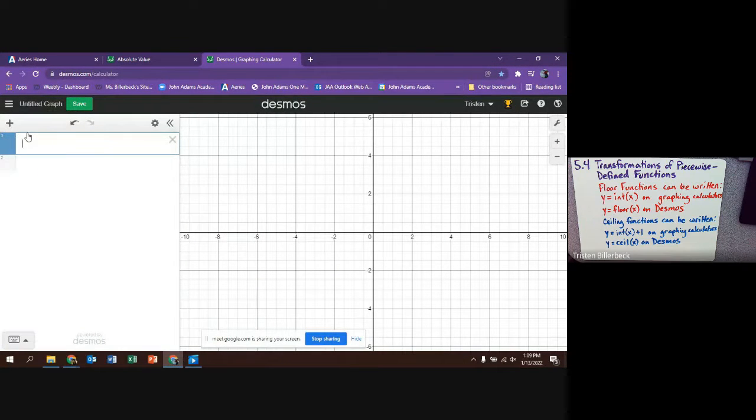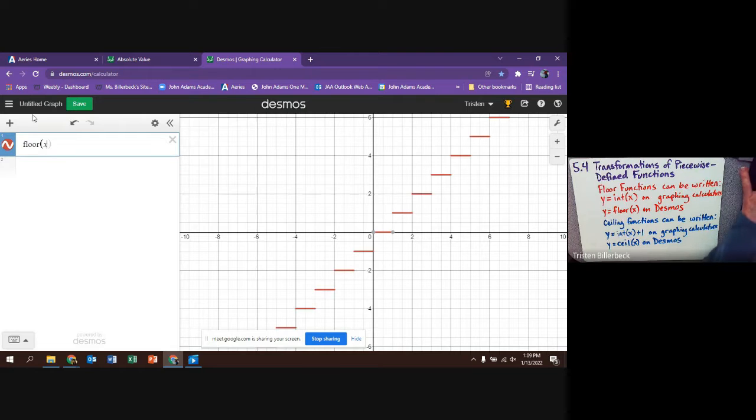All right, so when we do Desmos, we don't have to do Y=, but if we put in int by mistake, we get an integral. Yikes, that's why they can't do int on Desmos. Okay, so we type in floor, or the floor function, and then we just write in x like that.